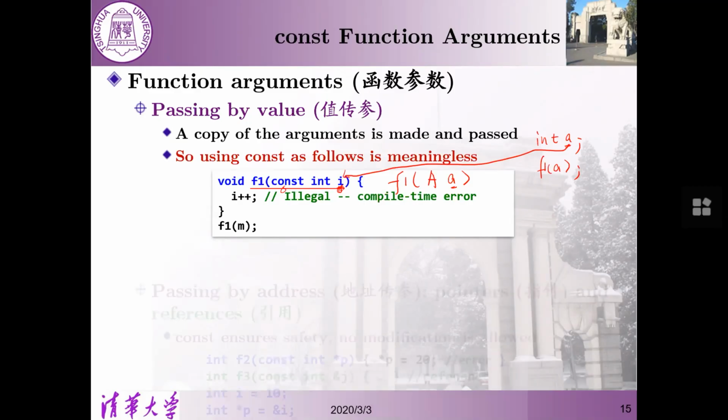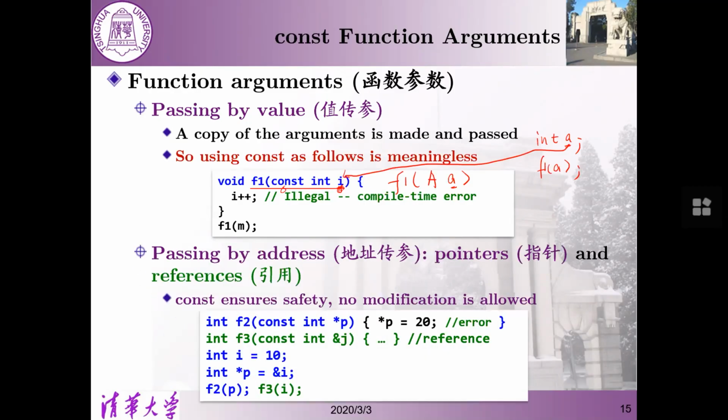Okay. Another way of passing values is pass by address. So we can use pointers and references. We will learn references later. If we use const, it ensures safety because we cannot modify it. It is a read-only variable. We learned that.